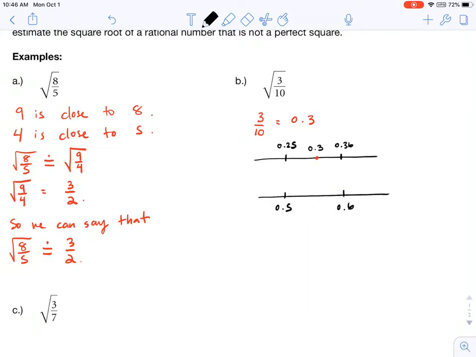So 0.3 is kind of in the middle of 0.25 and 0.36, so we're trying to figure out a number that's kind of in the middle here. So what number is in between 0.5 and 0.6? We can estimate that this is 0.55, right in the middle of 0.5 and 0.6.